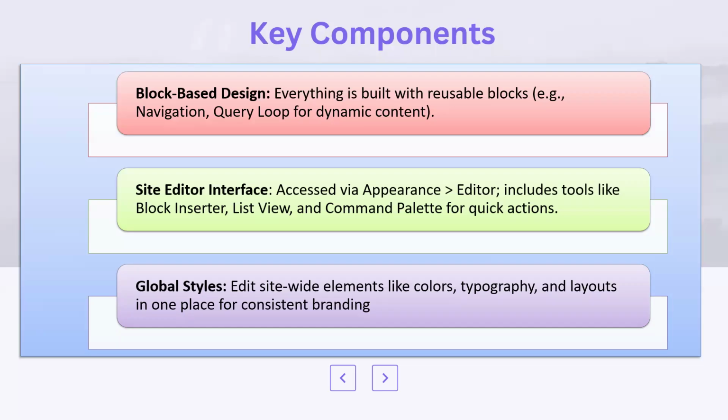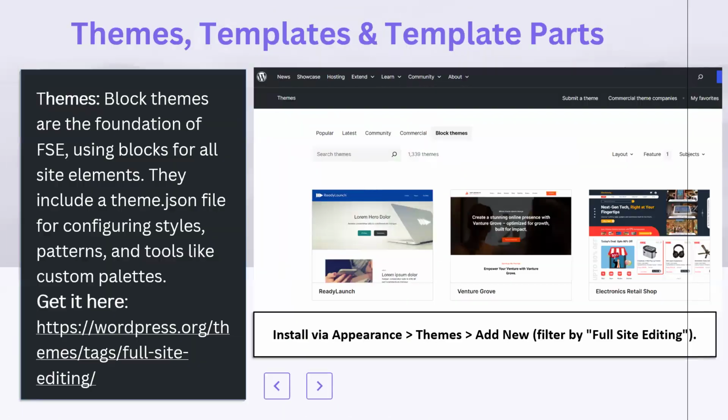So every time we have installed block themes, we'll have access to templates. All themes that we install come with templates. We can explain a template as already pre-designed, a pre-design that we can probably customize to suit our preference.